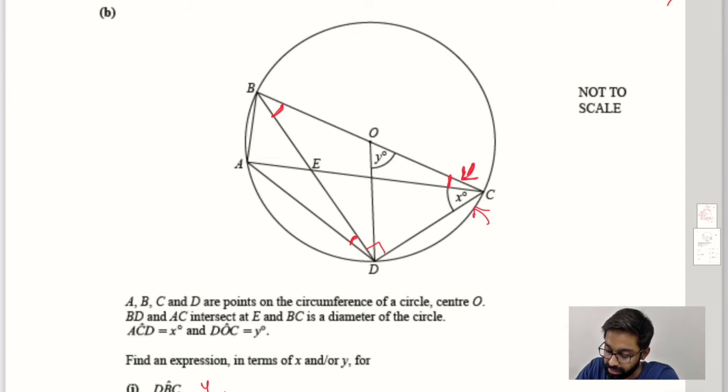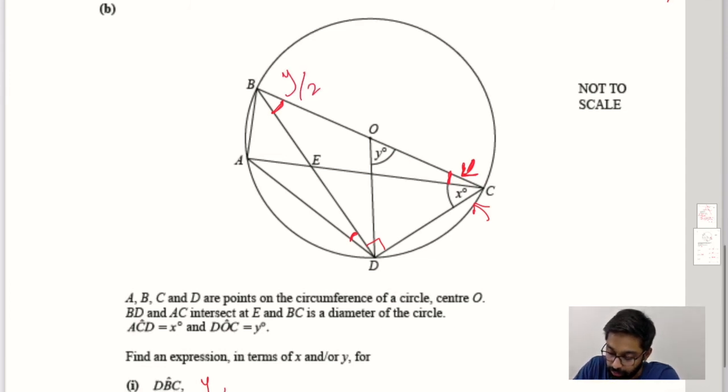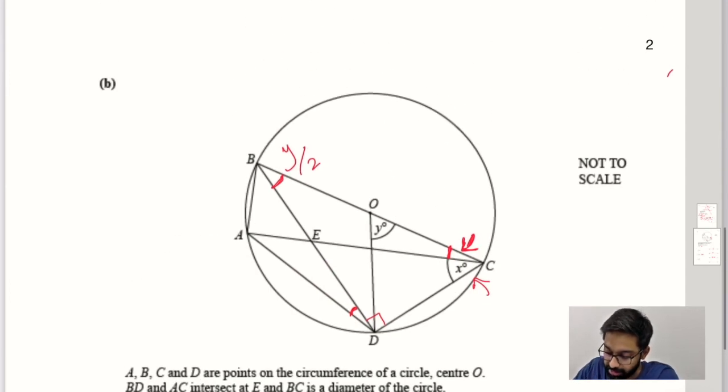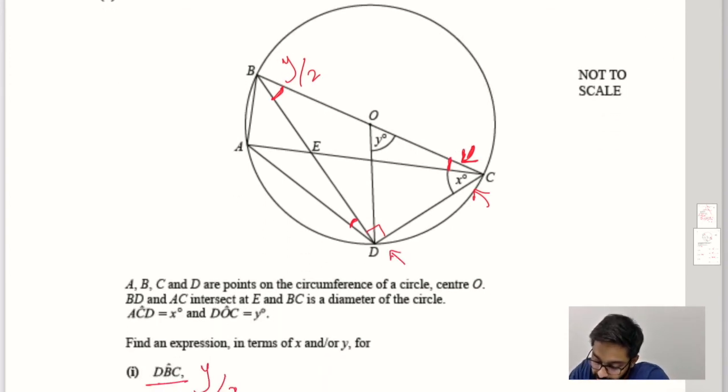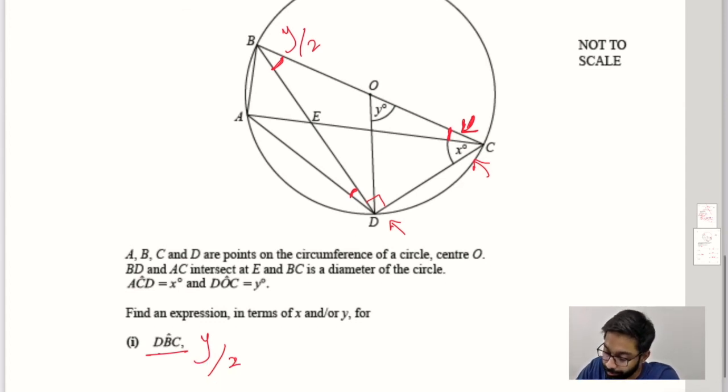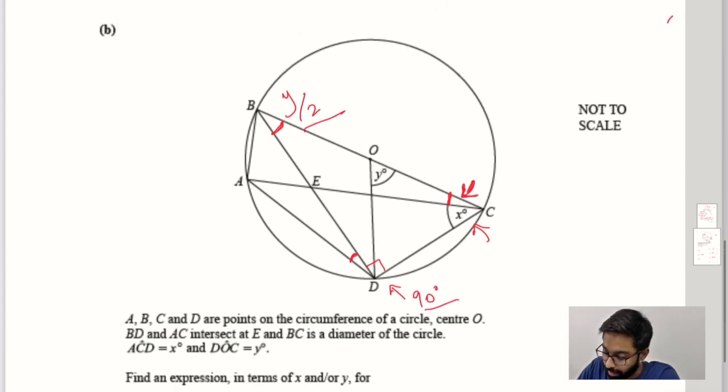So DBC is y over 2, we did that in the first part. Angle BDC is going to be 90 again, because that's also a property of a circle, because D is on the circumference and BC is the diameter of the circle. So this is 90. If you add y over 2, 90, and x, and you subtract it from 180, you would be left with this angle BCA, which is also equal to BDA.